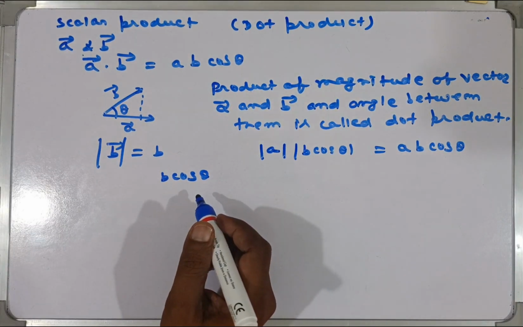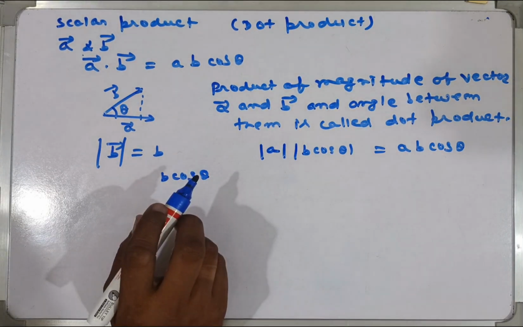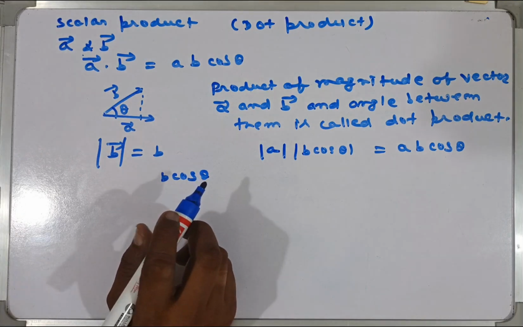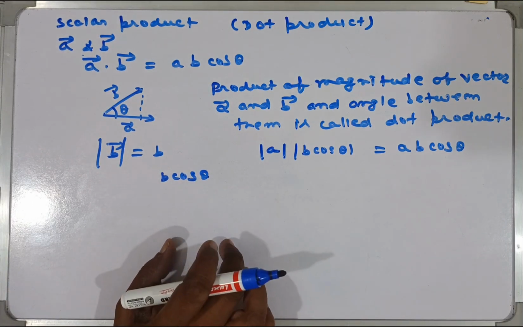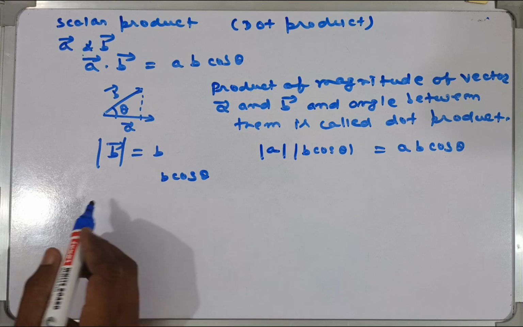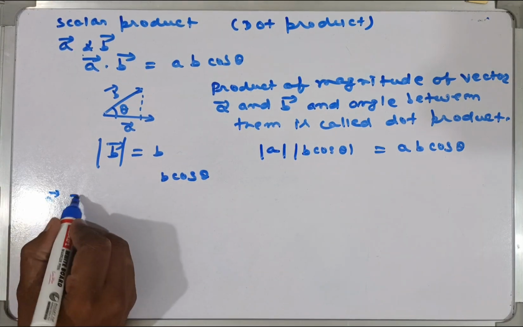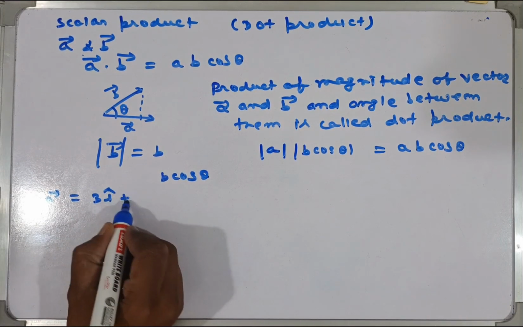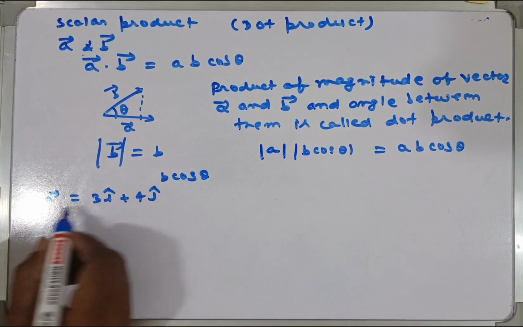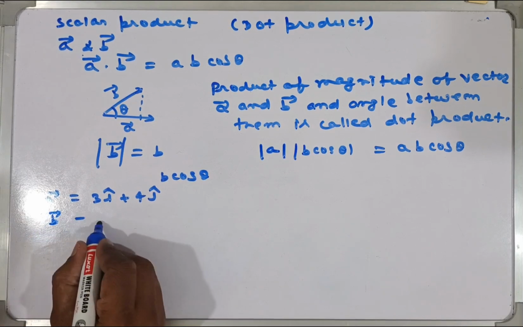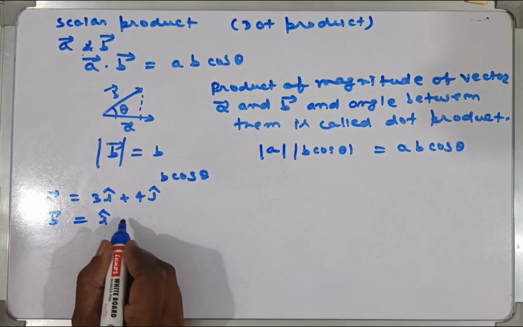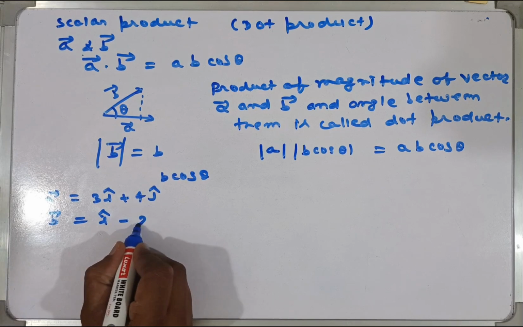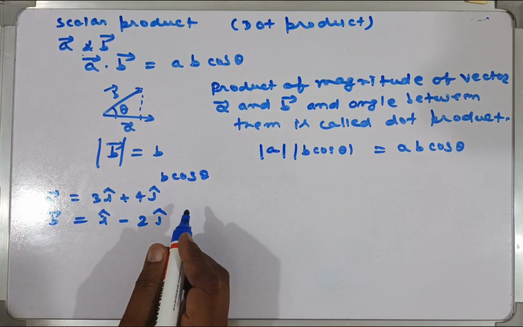So guys, see some examples based on this one. Suppose guys, here a is a vector whose value is 3i plus 4j, and b vector equals i cap minus 2j.